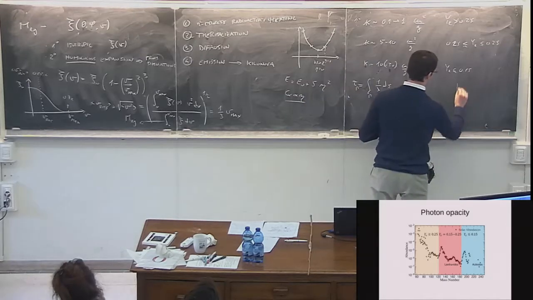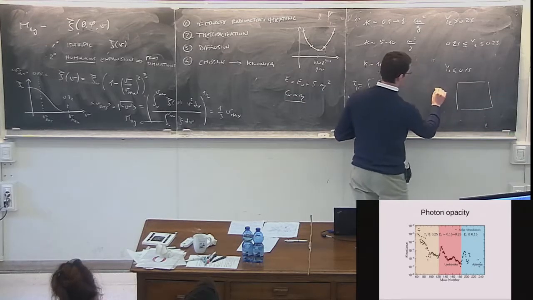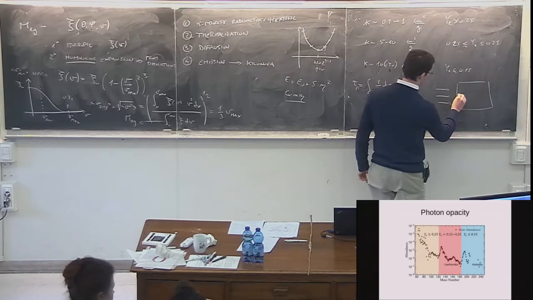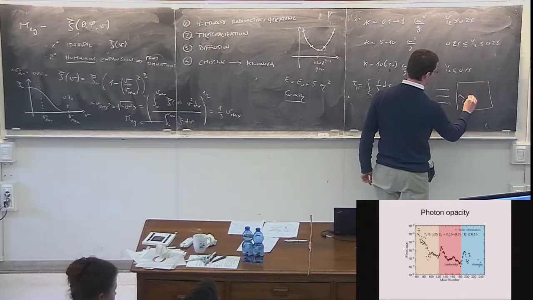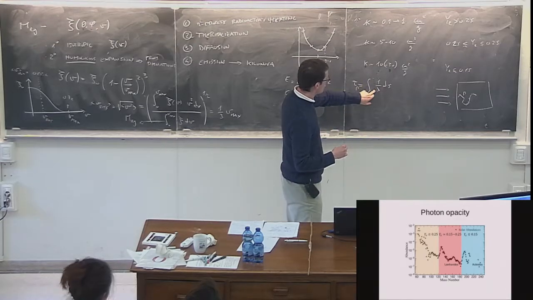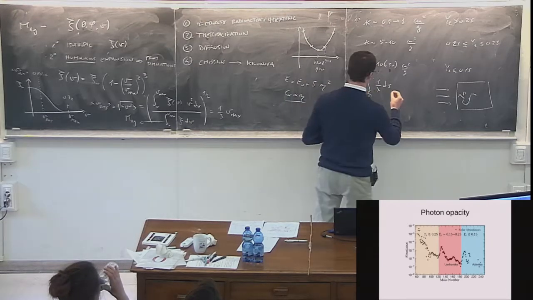Imagine a gas. Some radiation gets in, and you take a photon that follows a random path and starts to scatter around. I call gamma this path here, and the optical depth is nothing but this integral. What is lambda? Lambda is the mean free path.